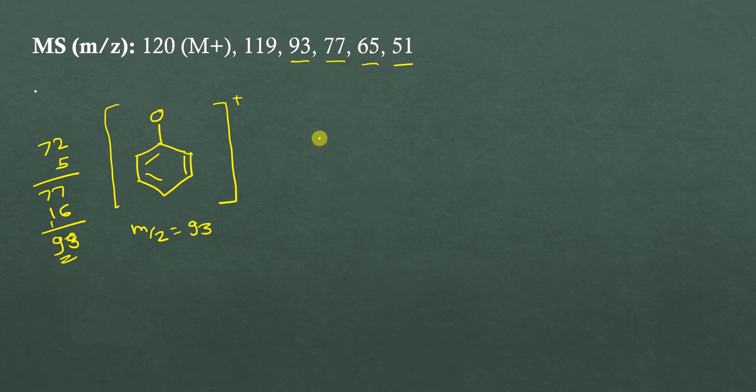So from this we are getting this 65. So how will we get this? This 93 will lose this CO and we'll get one 5-membered ring.